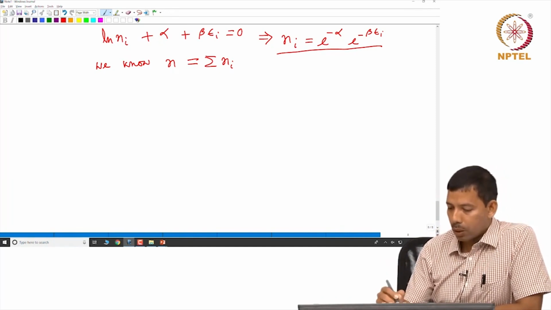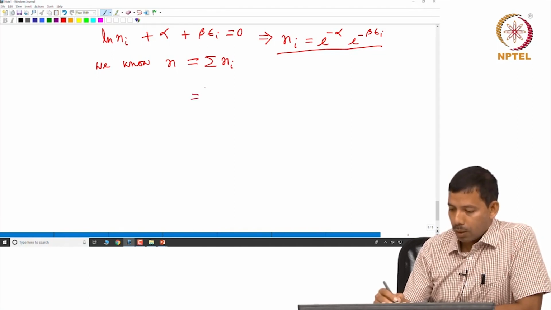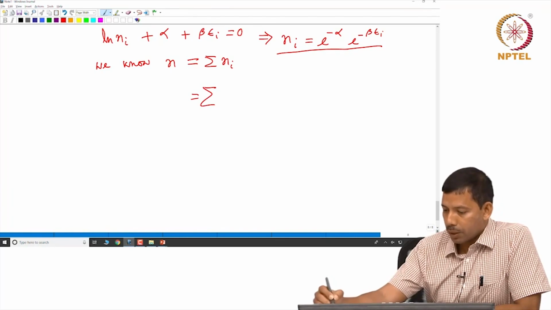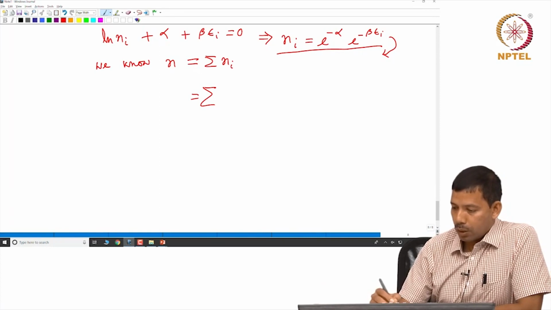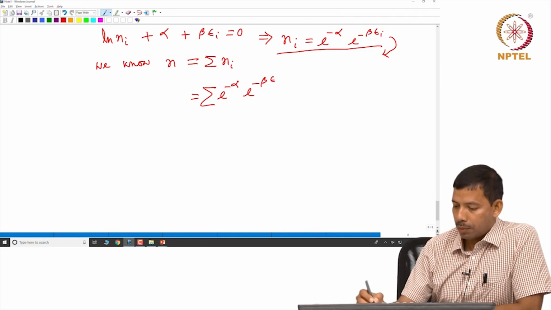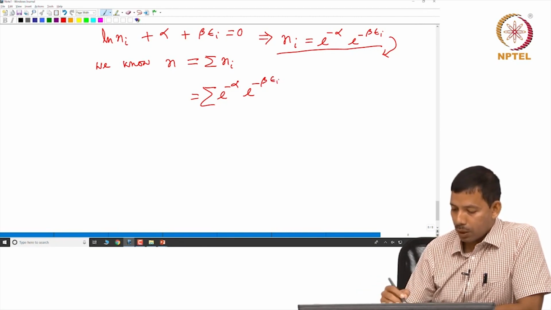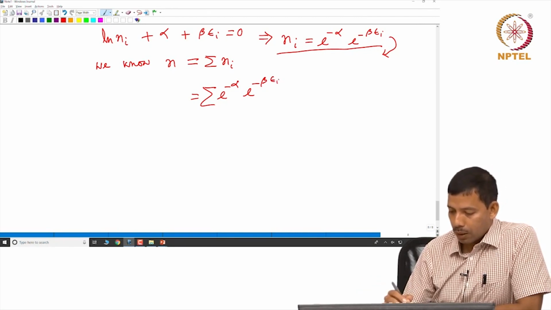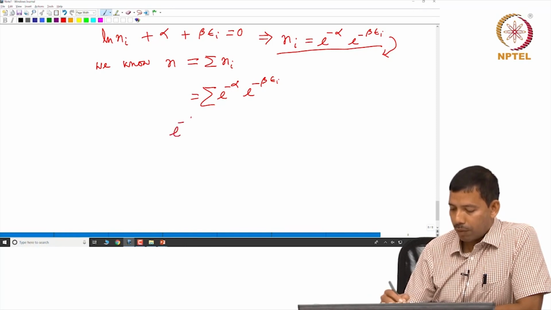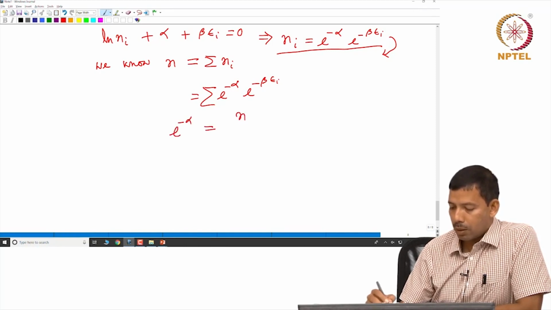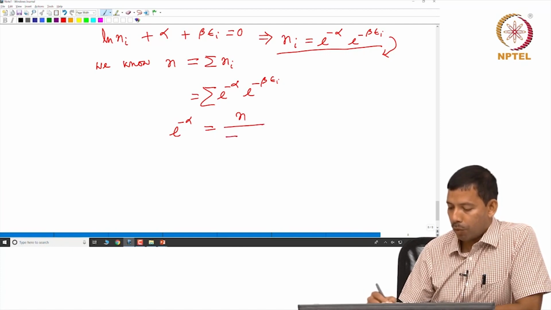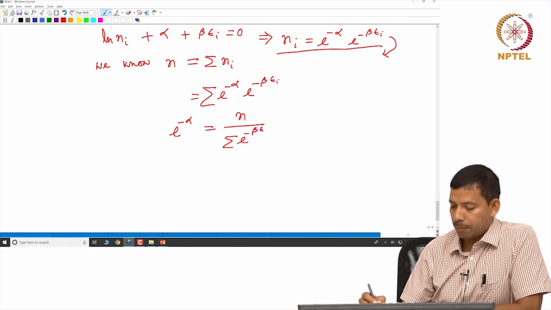Since we know n is equal to sum over ni, we can make use of this expression here. If you put this expression here, we get e to the power minus alpha times sum over e to the power minus beta epsilon i. Since alpha is a constant, we can write e to the power minus alpha as n divided by sum over e to the power minus beta epsilon i.